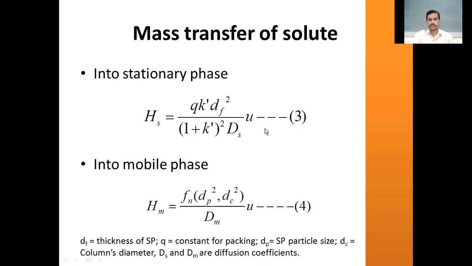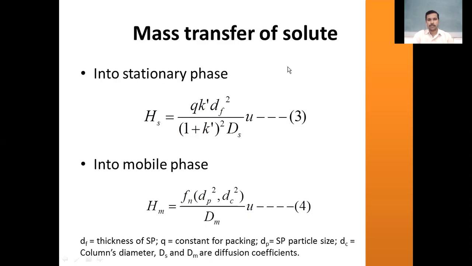If the mobile phase is rapidly moving through the chromatographic column, there is a problem of increased bandwidth, and due to this increased bandwidth, there is suppression of the column efficiency. So experimental conditions have to be set in such a way that the mobile phase velocity must be optimum. So the mobile phase velocity must be set at which the value of Hs or Hm must be as minimum as possible.